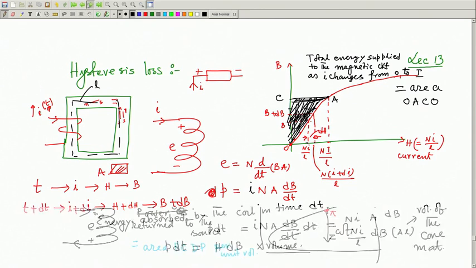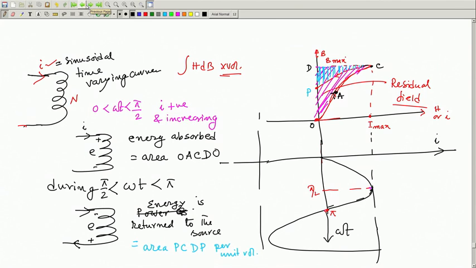Then total energy supplied can be calculated.